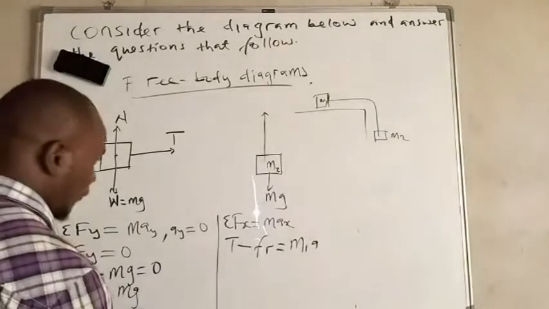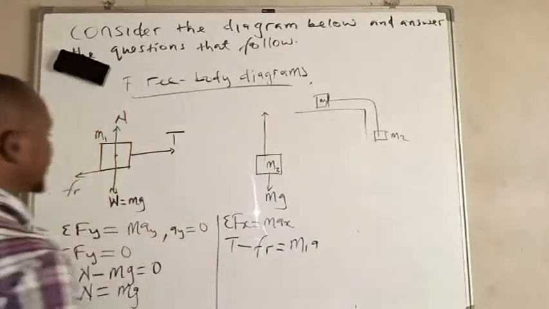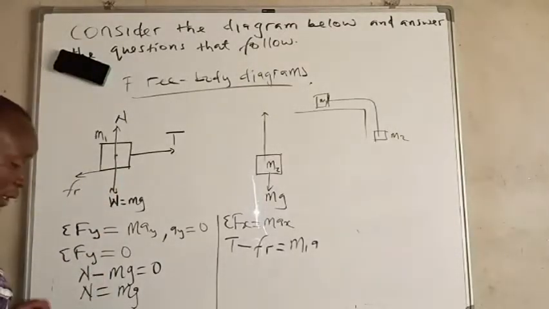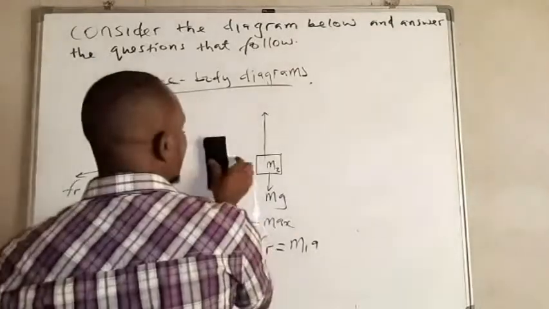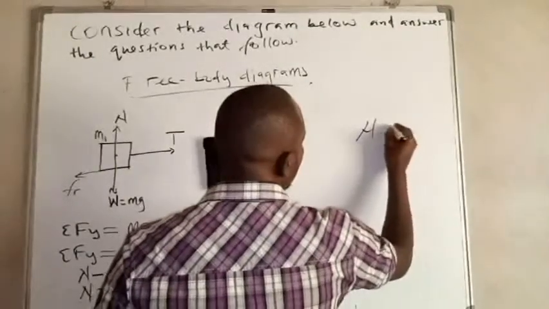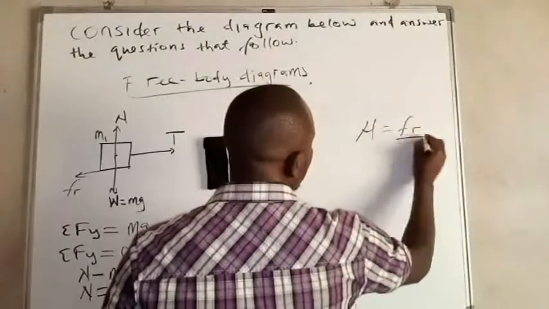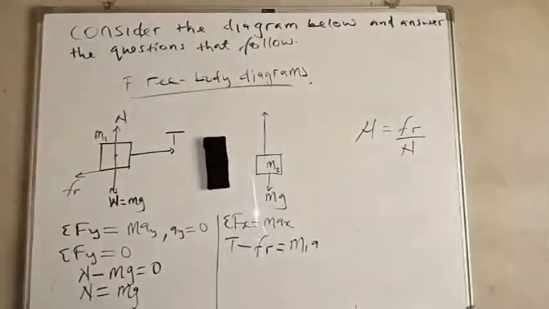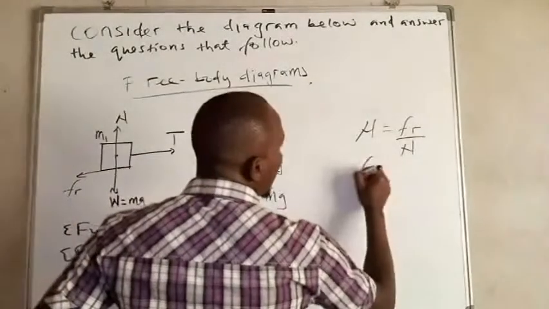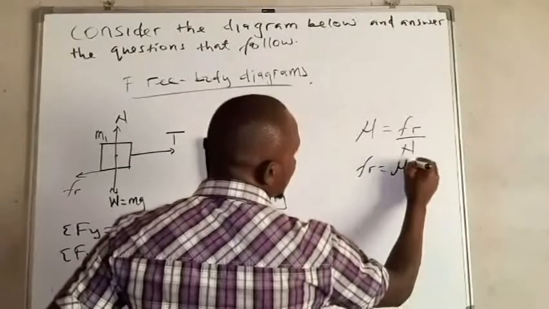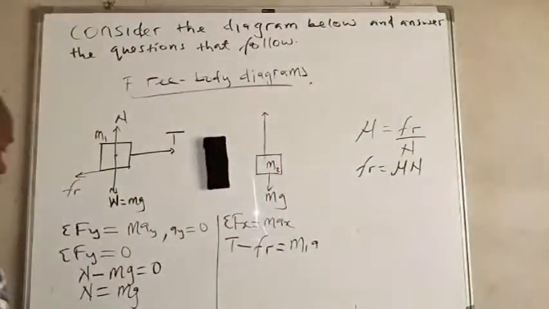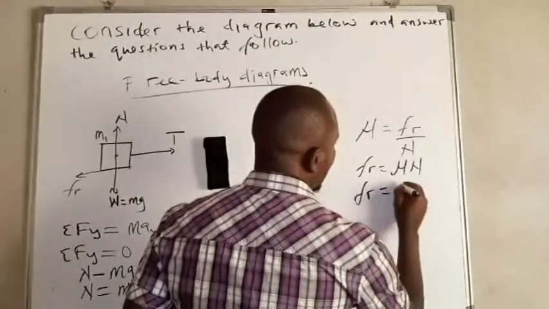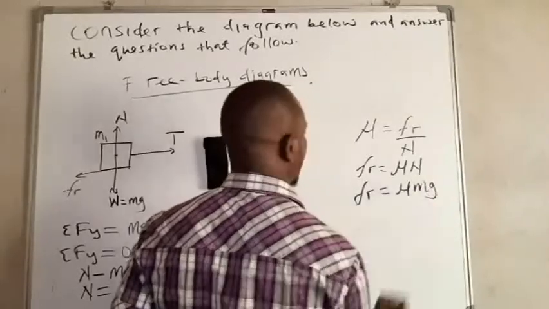From this we know that the coefficient of friction, or coefficient of kinetic friction, is given by Fr, the friction force, over the normal force. So Fr is going to give us mu N. But we know that N is equal to mg, so Fr is equal to mu mg.